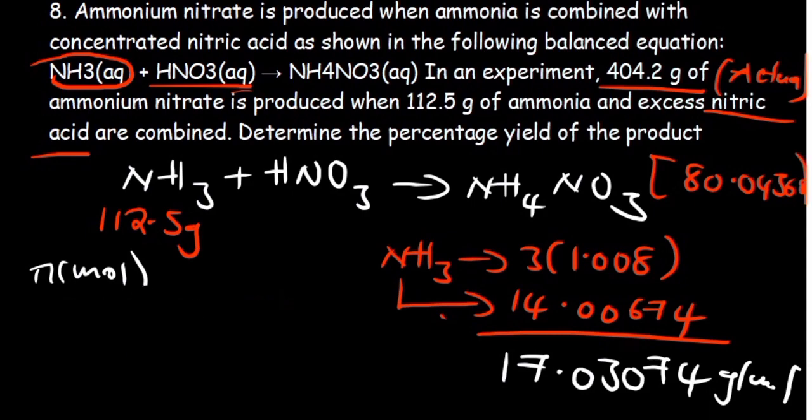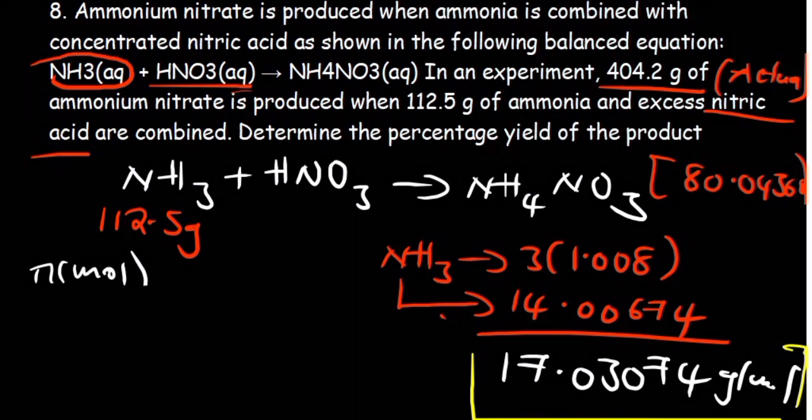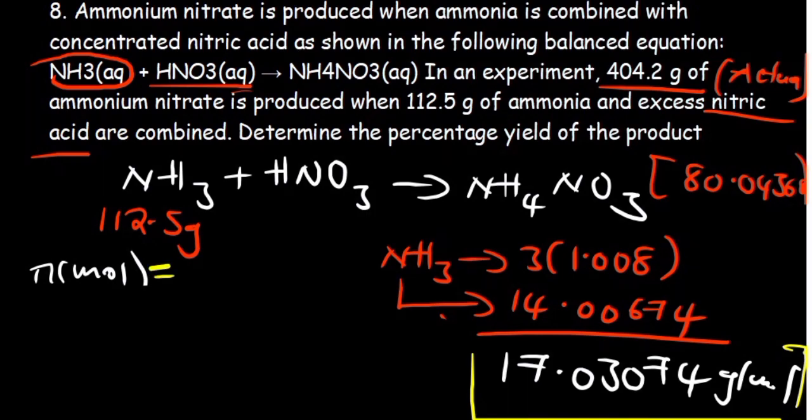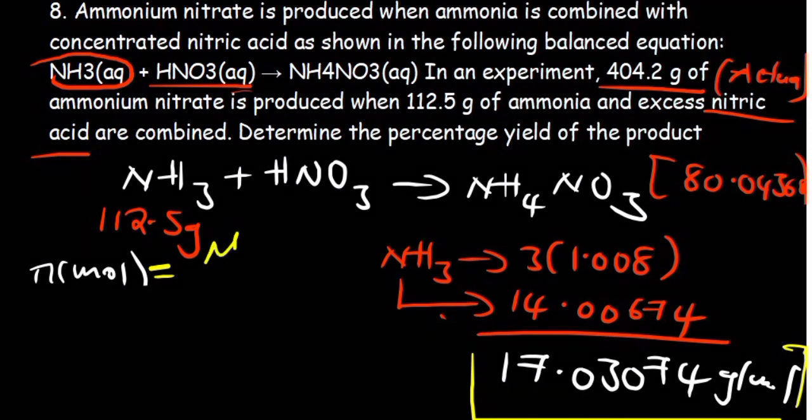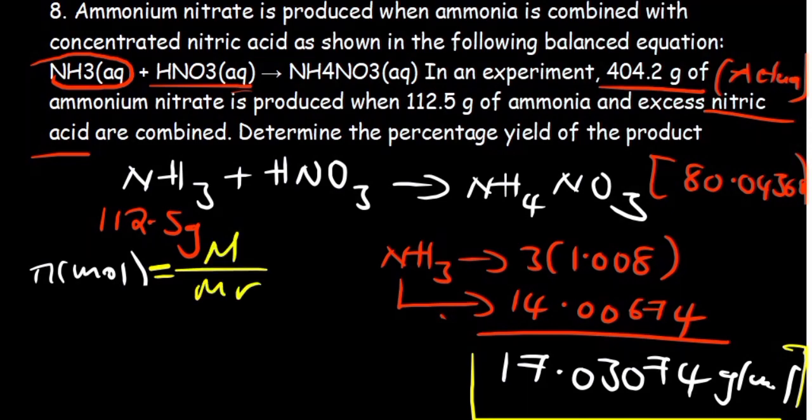So now, we have determined the molar mass of the ammonia there. Let's find the number of moles. So number of moles is given by dividing the mass by the molar mass. So for number of moles, our mass we had 112.5.